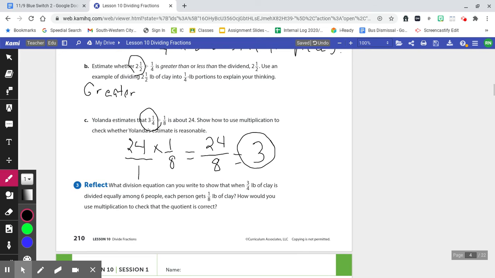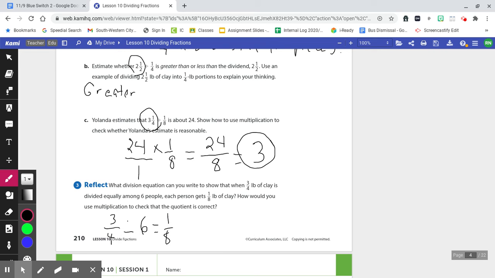Number 3, reflect. What division equation can you write to show that when 3/4 pound of clay is divided equally among 6 people, each person gets 1/8 pound of clay? How would you use multiplication to check if that quotient is correct? So first I'm going to write 3/4 divided by 6 equals 1/8.